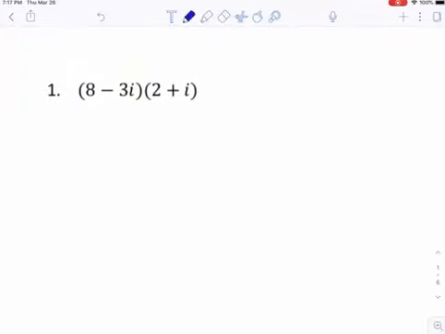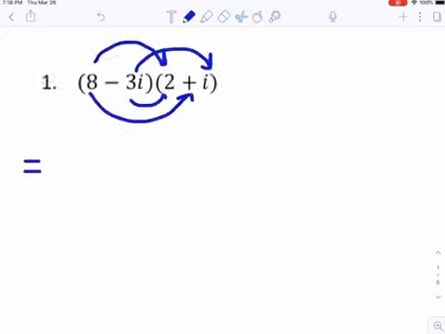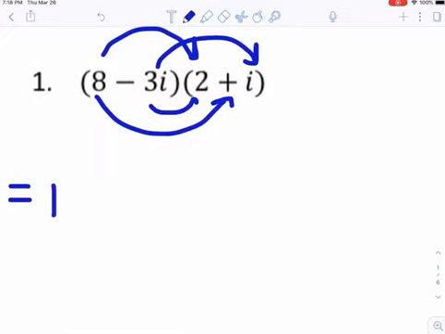Okay, so in number 1, I'm literally multiplying my firsts, my outers, my inners, and my lasts. So I'm multiplying 8 times 2. That's 16. I'm multiplying 8 times i. That's positive 8i.